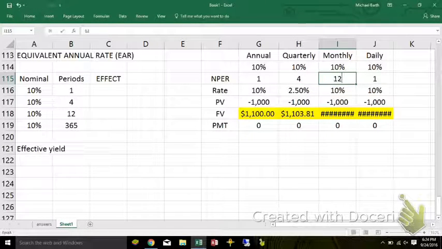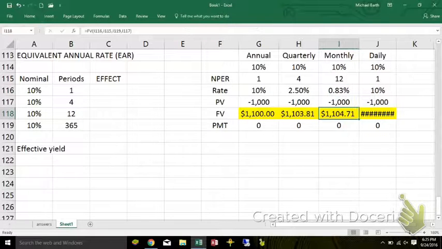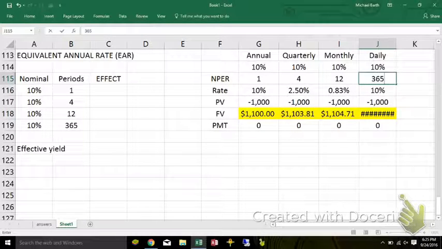If it's monthly, you're going to get 1/12 of 10%, and you're going to actually end up with still more money, $1,104. If it's daily, that's 365, and that'd be 10% divided by 365.